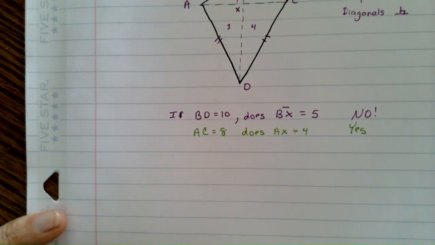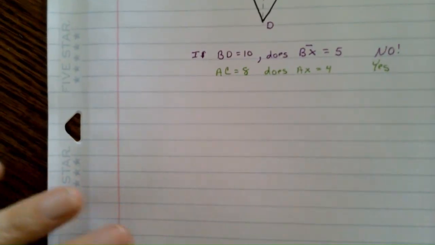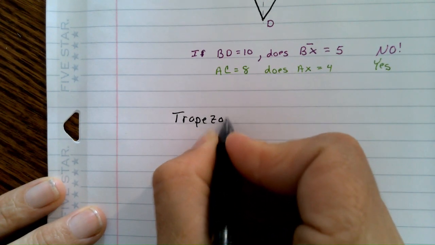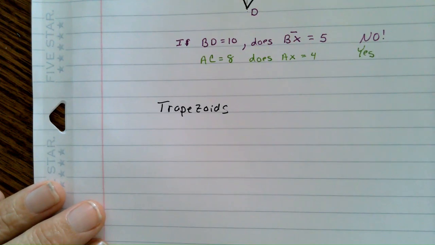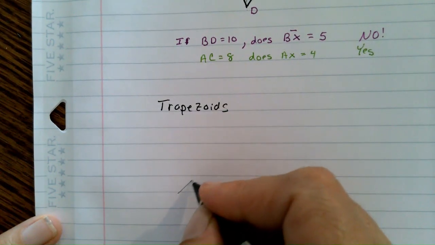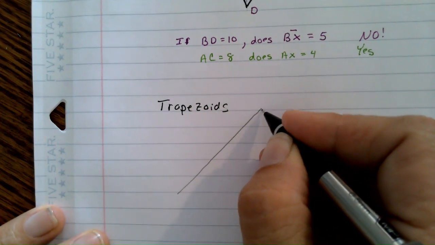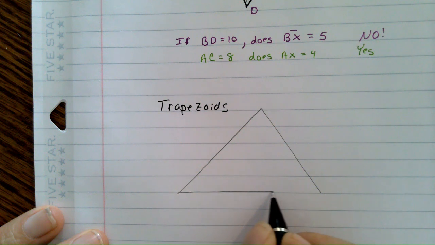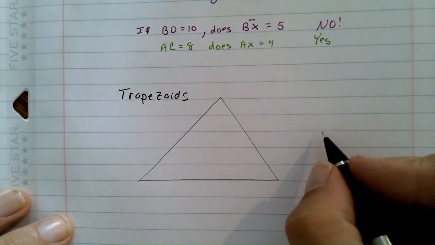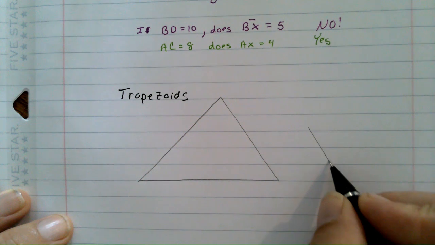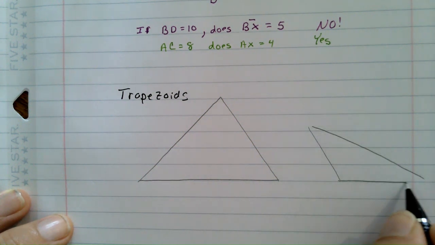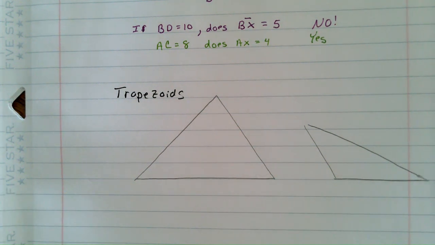Now, what is a trapezoid? I find students forget what a trapezoid is a lot. So we all know what a triangle is, right? There's a triangle. Here's a triangle. Okay, I did this purposely, I promise.